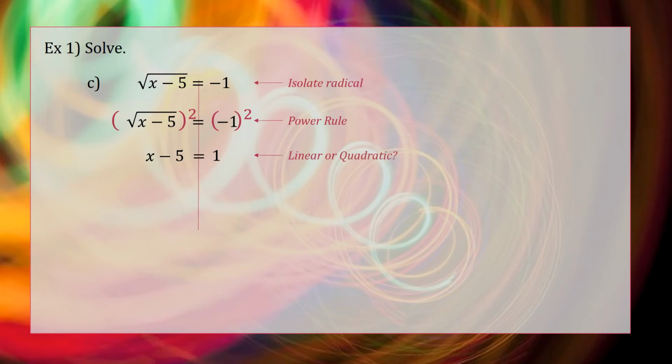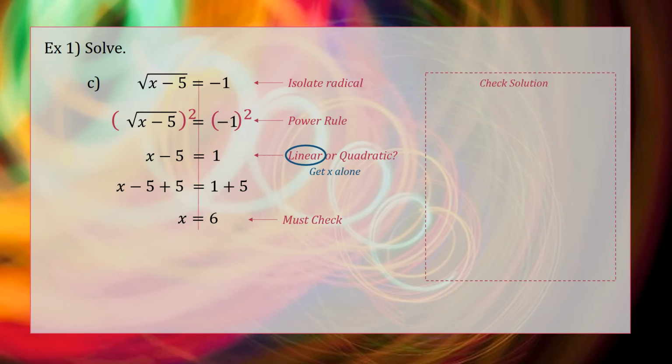From here, is this linear or quadratic? Linear, so we need to get x alone, which means we will need to add 5 to both sides, and we find x equals 6. In the last step, you have to check. So on the side of your paper, you go back to the original, and every time you have x, you plug in your solution.